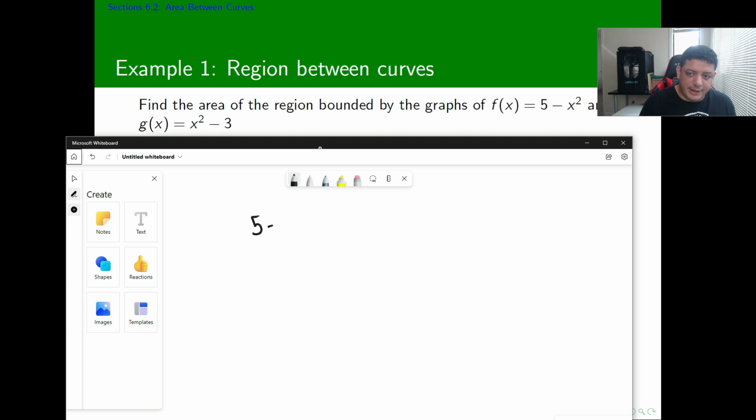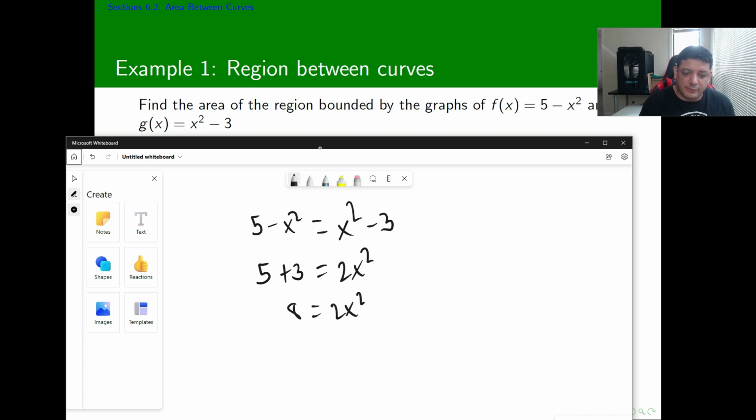We have 5 minus x squared equals x squared minus 3. I can put numbers on one side and x squared on the other side. So we get 2x squared equals 8, so x squared equals 4, and so x is either going to be 2 or minus 2.